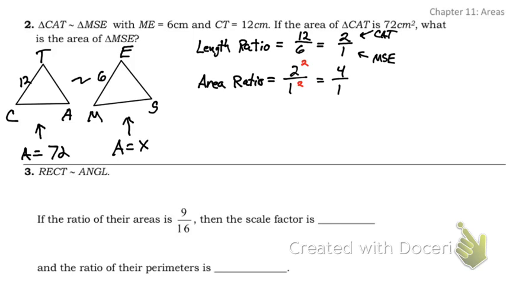Well, I know the area of my CAT is 72. So now when I solve for this, we're going to have 72 over my missing area is going to equal my ratio of 4 over 1. Means extremes would give me 4x equals 72. 72 divided by 4 is not 19, it's 18.